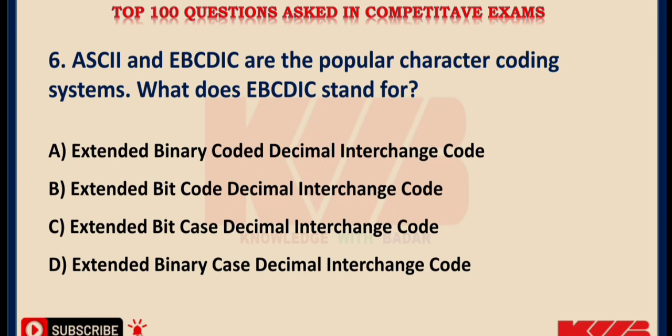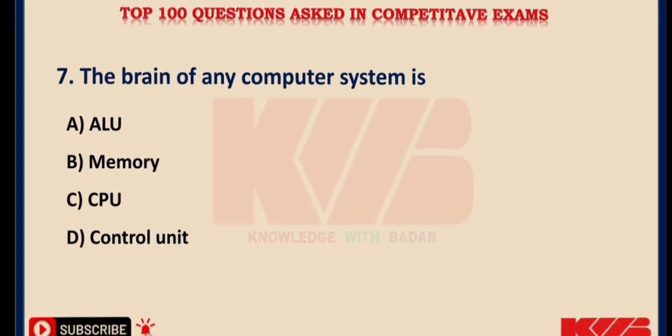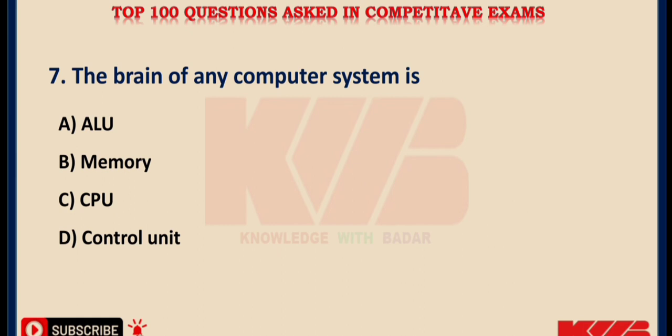And the correct answer is Extended Binary Coded Decimal Interchange Code. The next question. The brain of any computer system is ALU, memory, CPU, or the control unit? Yes, you can say that the brain of any computer system is CPU.